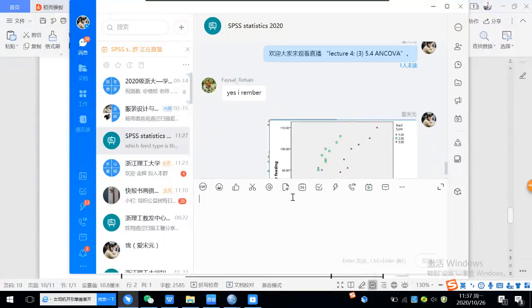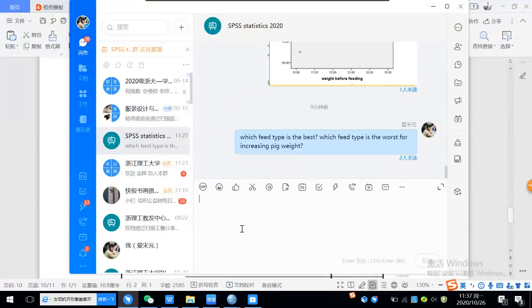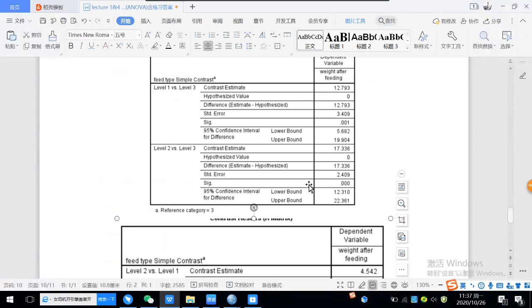Would you please tell me the answer after comparison? From here, level 1 minus level 3, the mean difference is 12.793, and the significance is less than 0.01, which means level 1 is significantly better than level 3. Level 2 is also better than level 3.